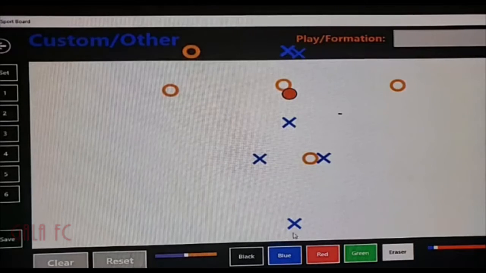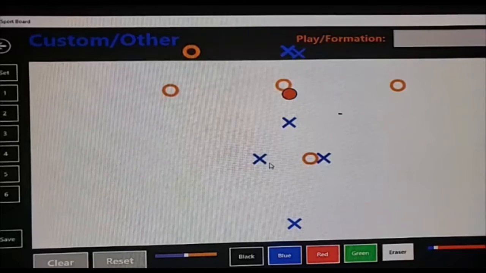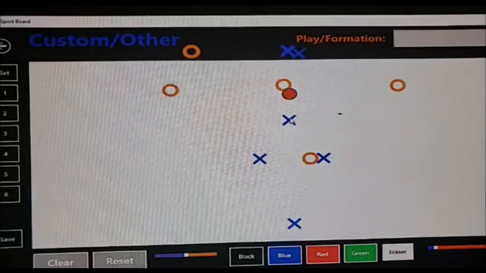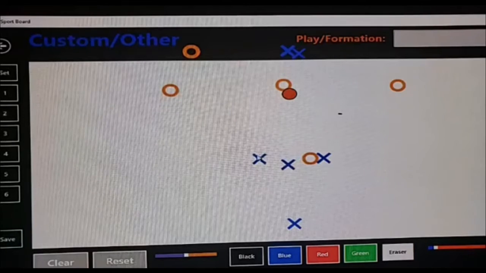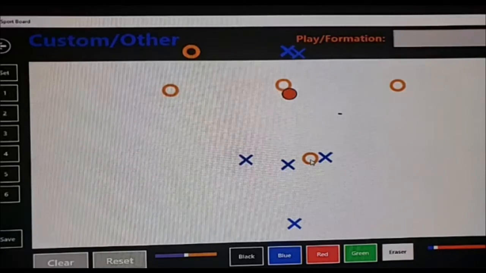At this point, the communication of the keeper and these two center backs is critical. They need to take charge and start talking, because the moment the center back is off position, they need to be communicating about what's going to come next. Okay? Do you understand? So that step, cover me, I got it, I step, over me. Those are good communication for a center back.